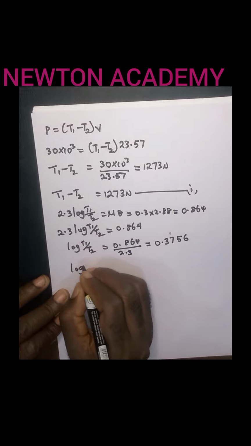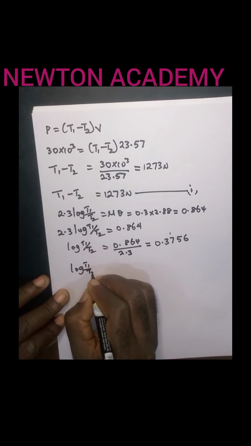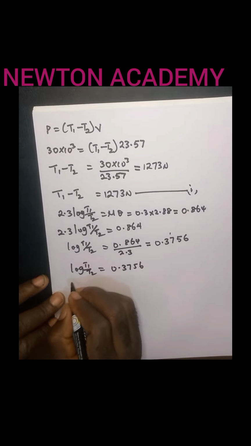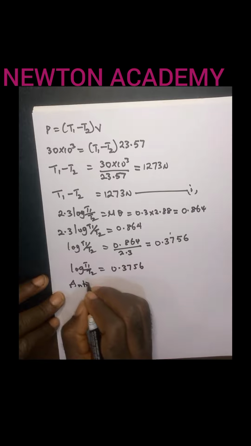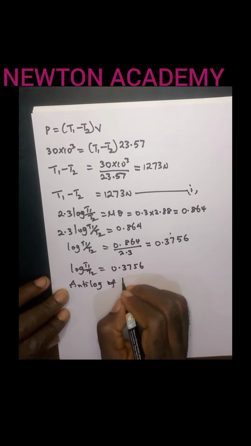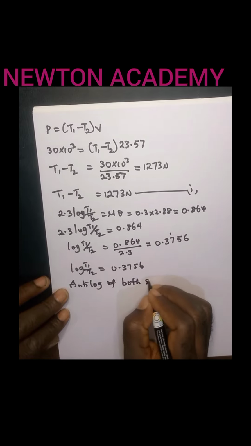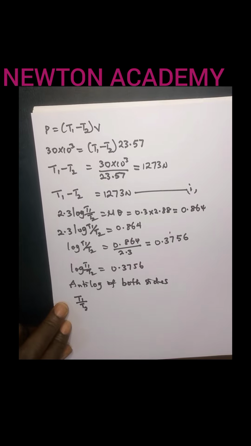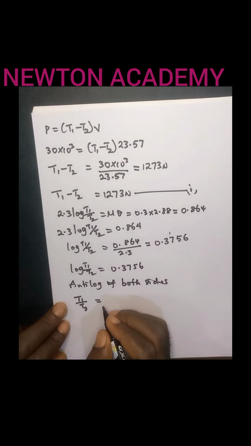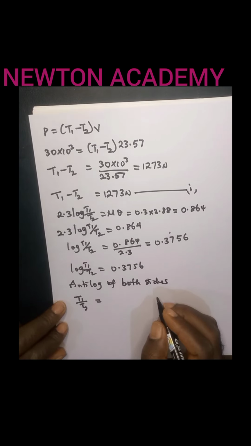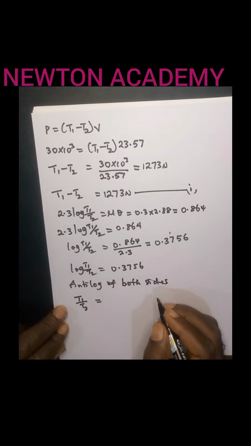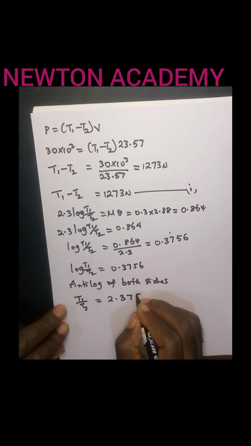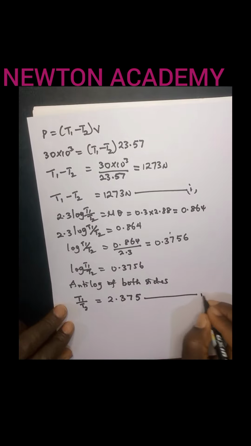Then we take the antilog of both sides. The antilog of 0.3756 will give us 2.375, so T1 over T2 is equal to 2.375. We call this equation 2.